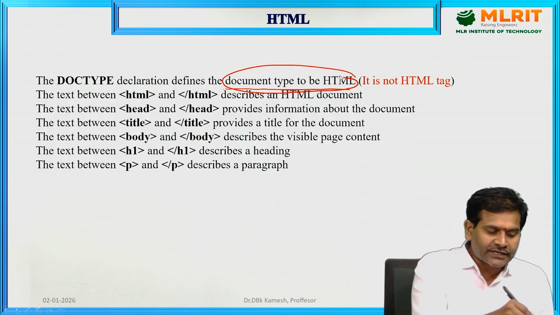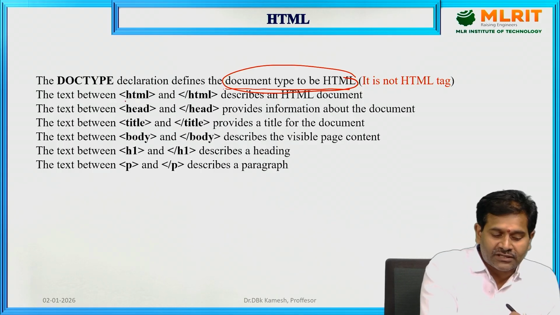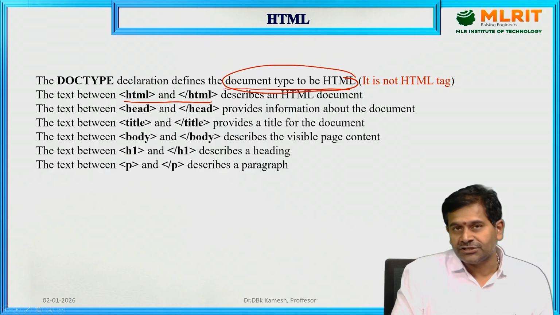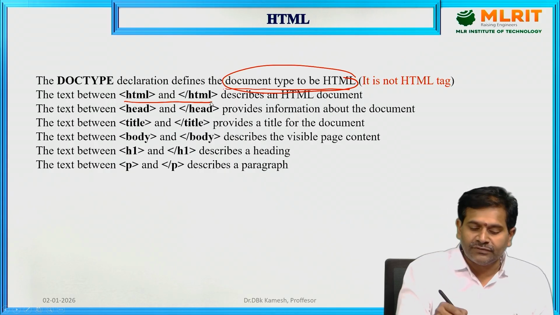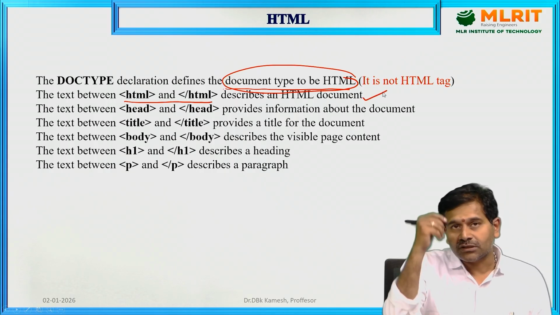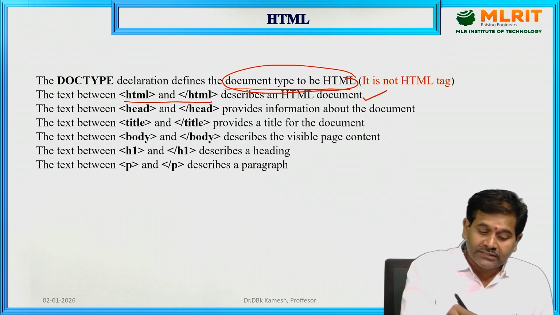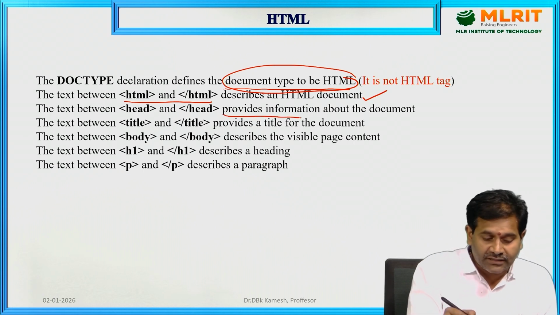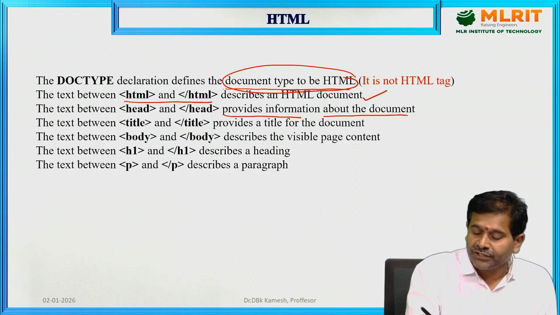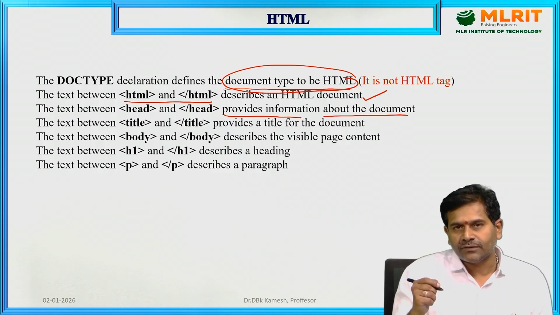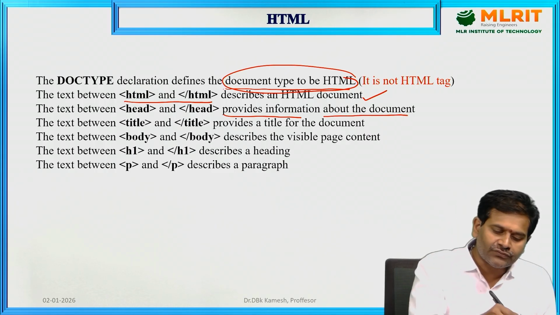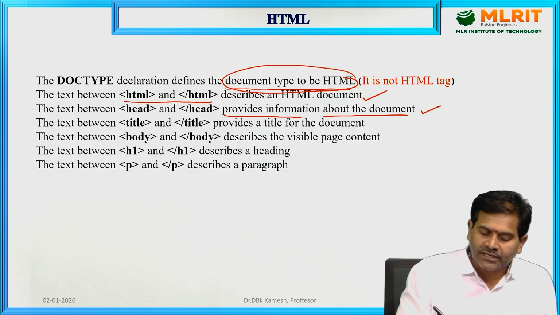After that, the text between the HTML start tag and the HTML end tag is the document, from the starting tag till the ending tag. The second one, the head, provides header information about the document. Whatever information you need, you can use this header tag.